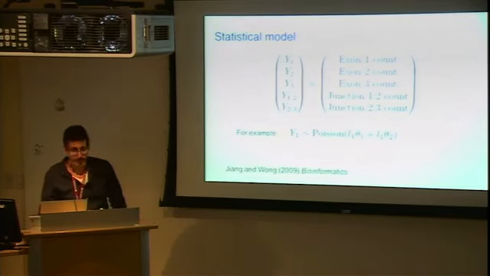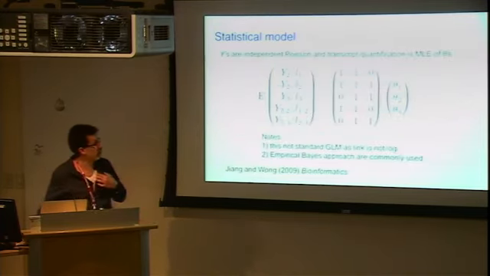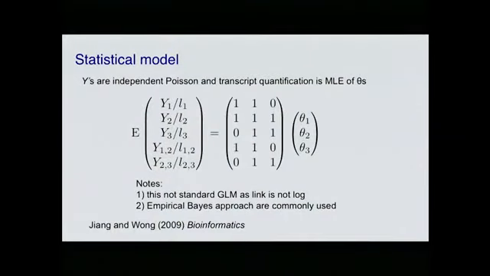Right, so here's another way to see it. It's again a simplification, but you're basically saying, I have parameters I want to estimate. I have a design matrix that connects those parameters to the data, and I can estimate it using, say, MLE or empirical based, many different ways. Again, I'm not getting into that part.